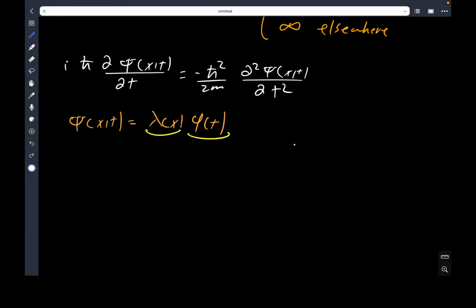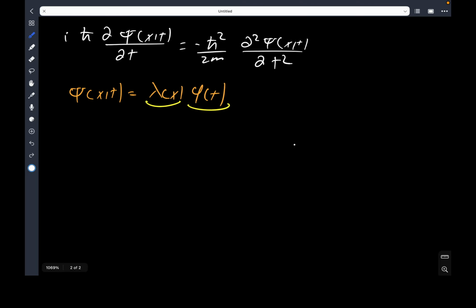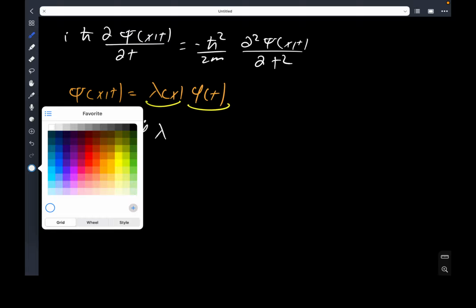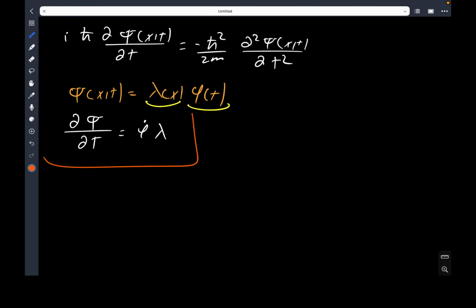So let's take the partial derivative of psi of x,t with respect to time. Partial psi partial t is going to be phi dot lambda. So this is gonna be my first equation.